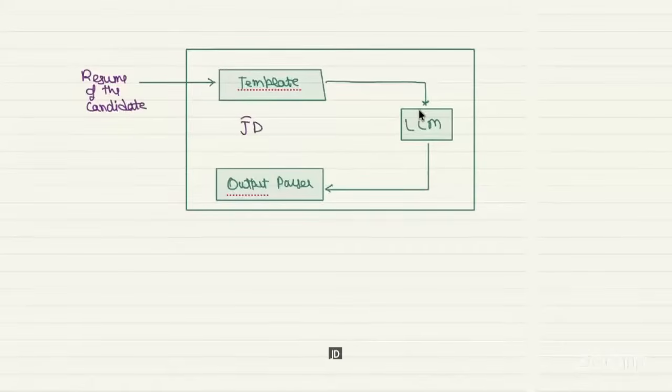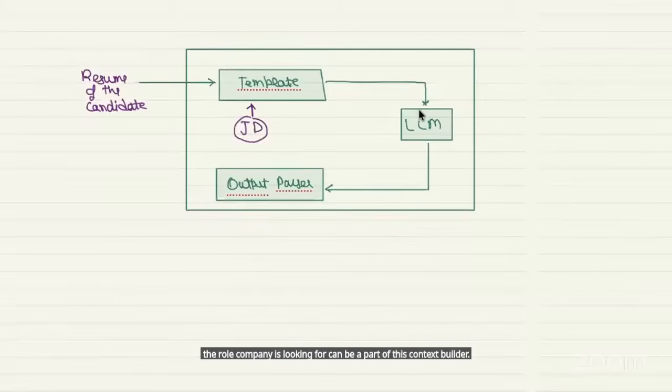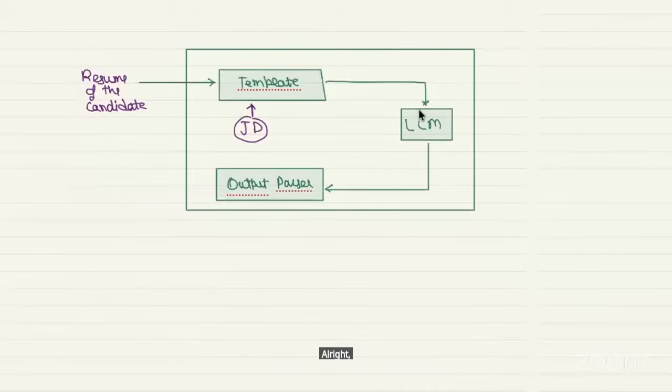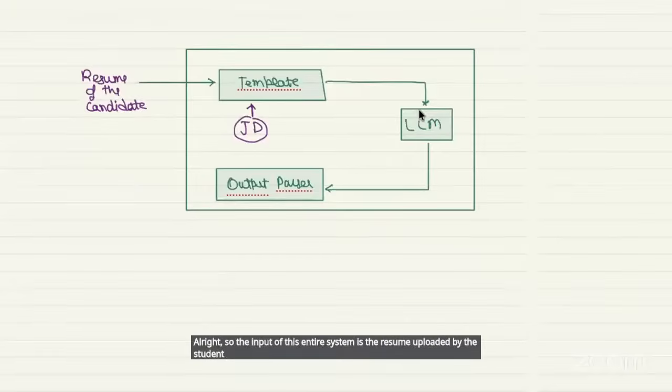The JD of the role the company is looking for can be a part of this context builder. Are you getting it? Student should not pass the JD. Student should only provide the resume. All right. So the input of this entire system is the resume uploaded by the student on our platform or maybe some form.